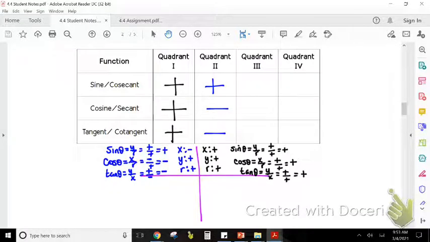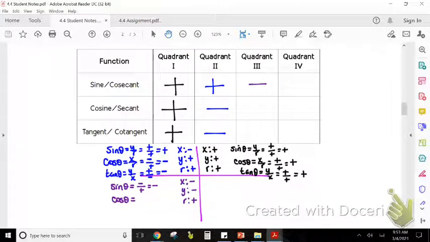Then in quadrant 3, remember that x is negative, y is also negative, but r is always positive. Sine is y over r. y is negative, r is positive, so sine is negative. So sine and its reciprocal cosecant are negative in quadrant 3.